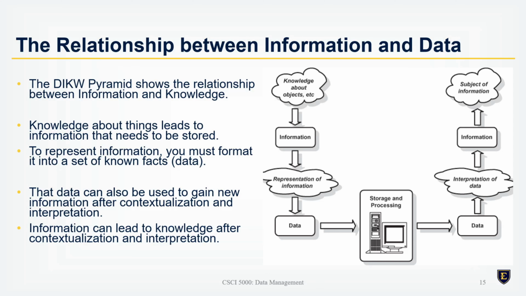So we may have knowledge about objects and so forth that allows us to say that there are certain types of information that we need, and we need that information to be stored, but we also have to have some sort of representation of that data or that information, and that's where the data and the raw facts come into play.